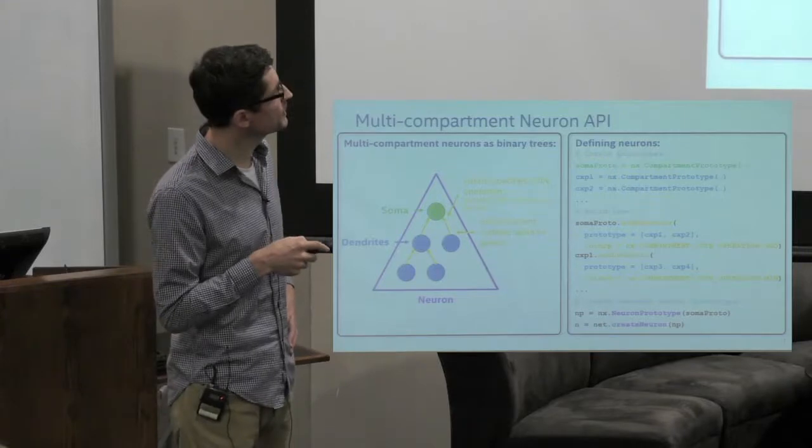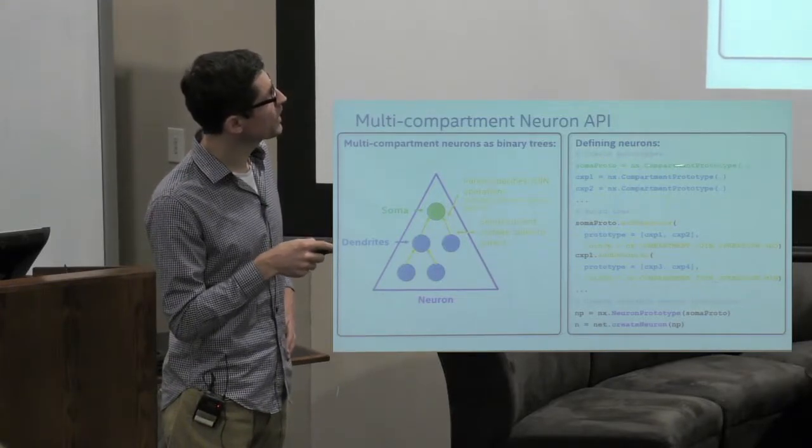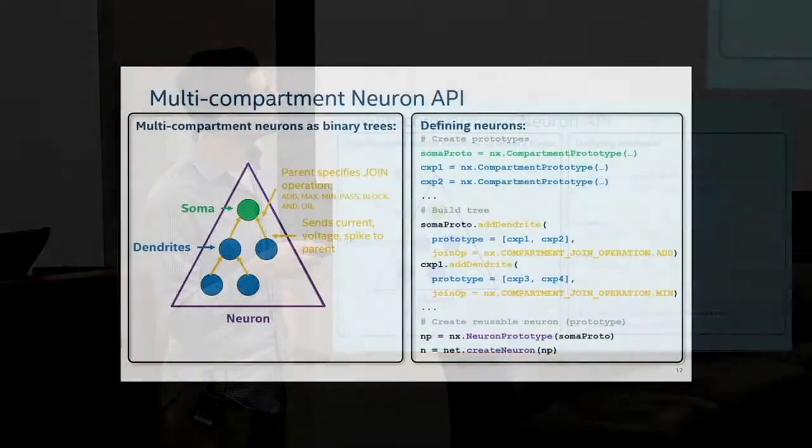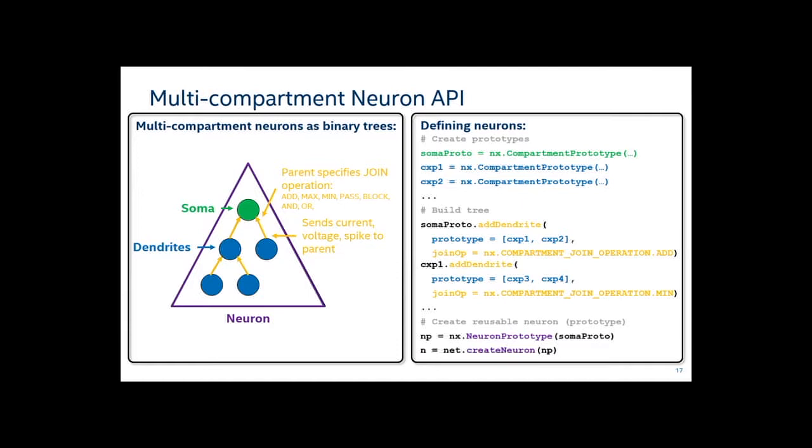And the way you do this is basically you can create one of those compartment prototypes that I explained earlier on the first slide about the API. You can define further prototypes with lots of configuration parameters going in here to specify these dendritic compartments or even more. And then you have this add dendrite method where you can specify which of those prototypes you want to use to feed in as the children into the soma compartment. And you can specify the join operation that you want to use, and you can do this as often as you want.